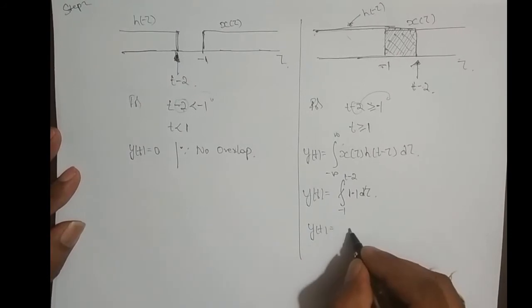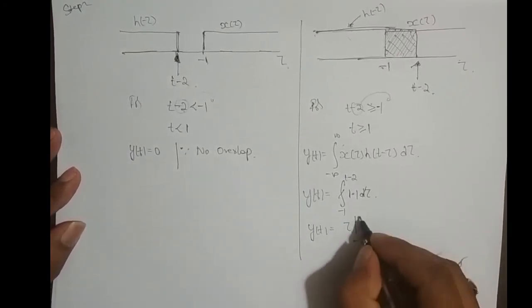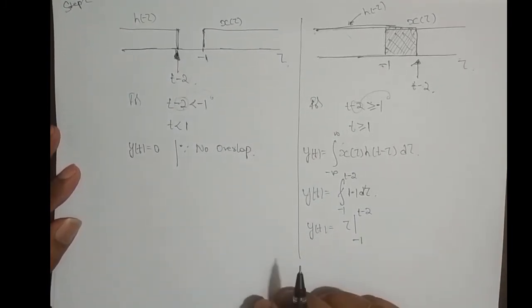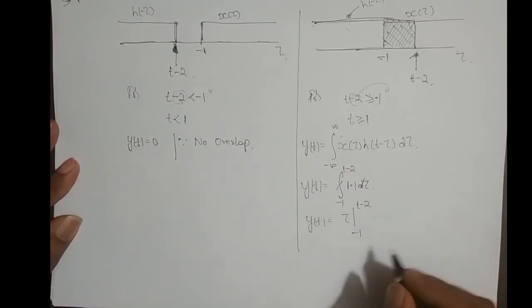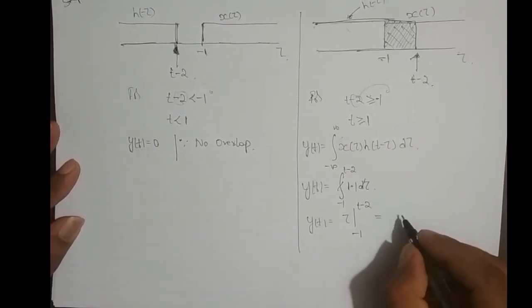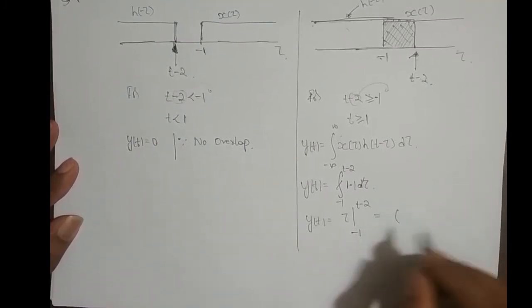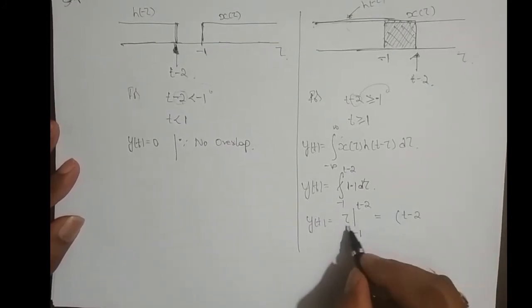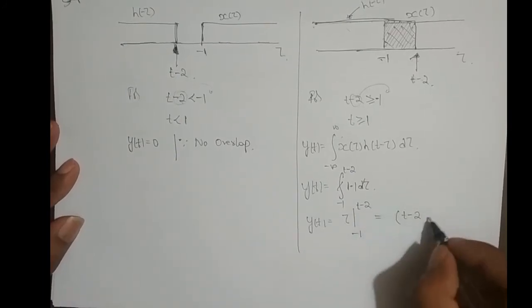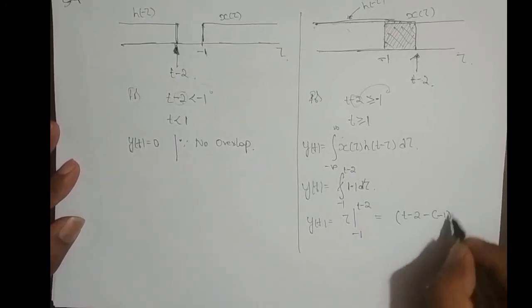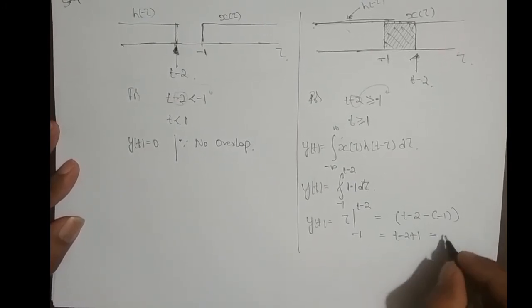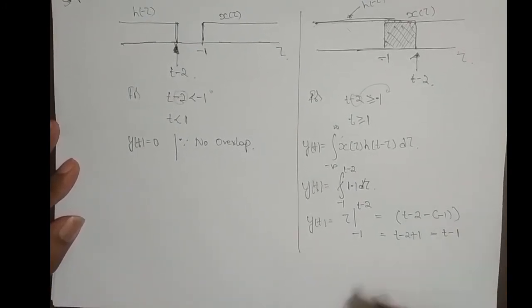So y of t is equal to tau with the integration limits minus 1 to t minus 2. Upper limit minus lower limit: t minus 2 minus of minus 1, which is t minus 2 plus 1, equal to t minus 1.